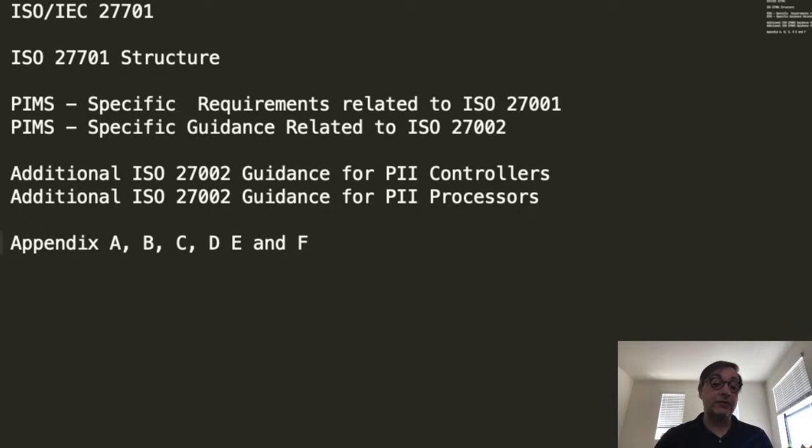And the table gives the mapping of the extensions of the term information security in order to apply to this document.